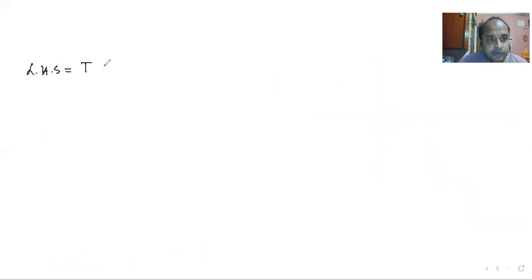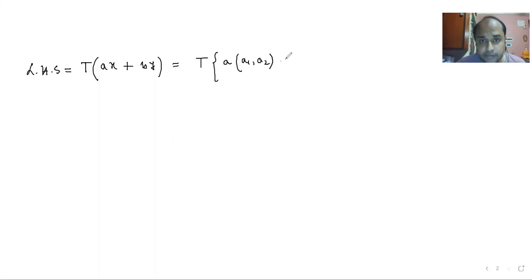T of a into x plus b into y, and this is equal to T of a into (a1, a2), because my x is (a1, a2), the coordinates of x, and b into (b1, b2). Okay, and this is actually equal to (a a1, a a2) plus (b b1, b b2), because you already know the scalar multiplication.